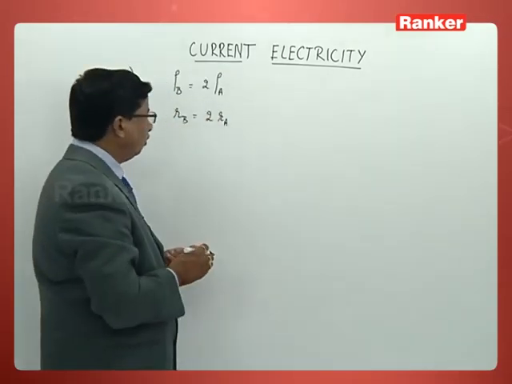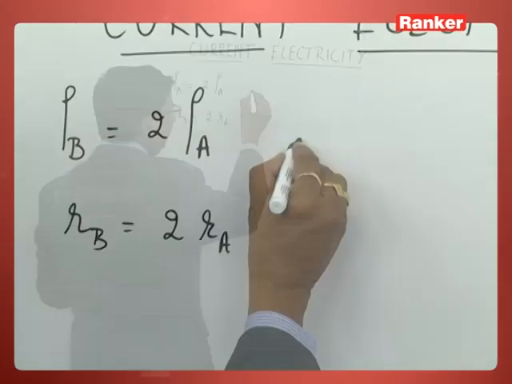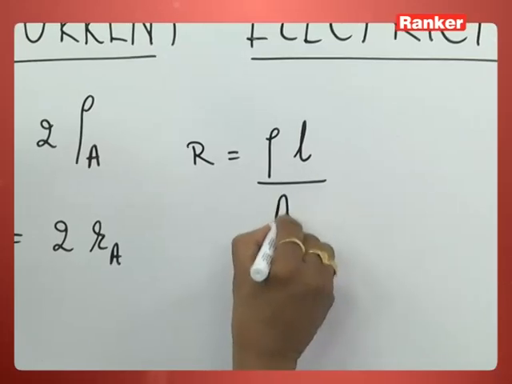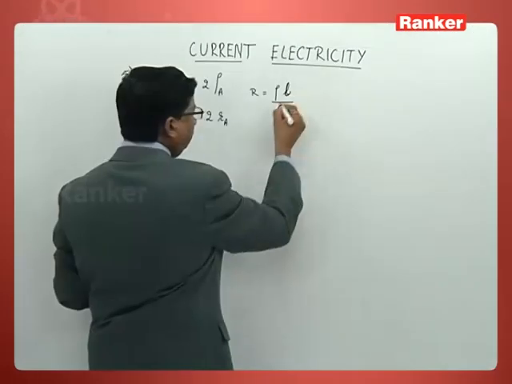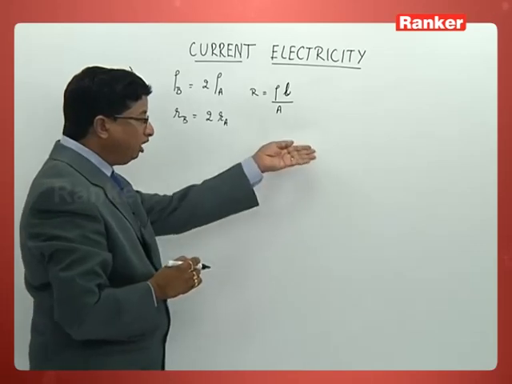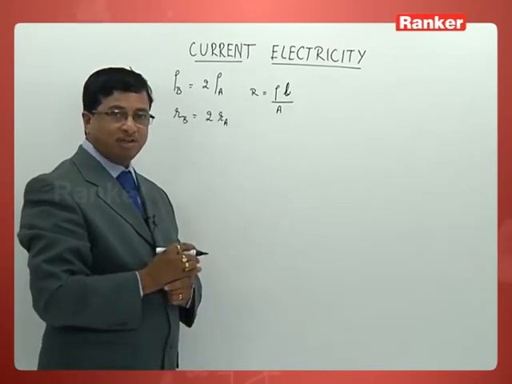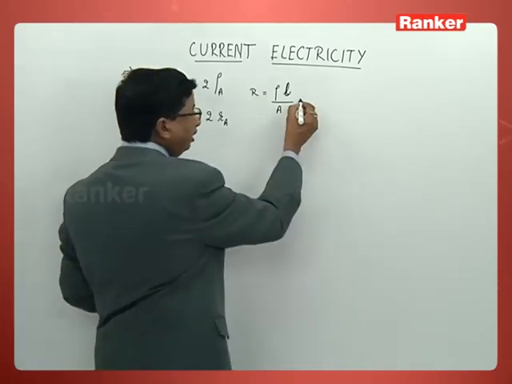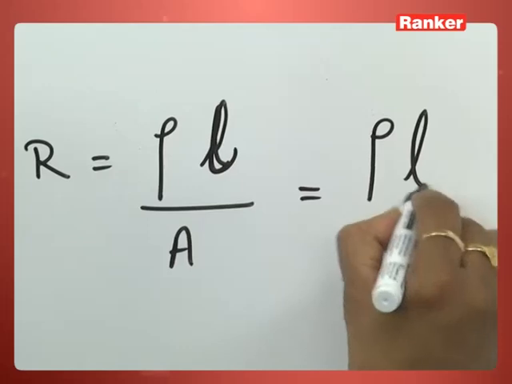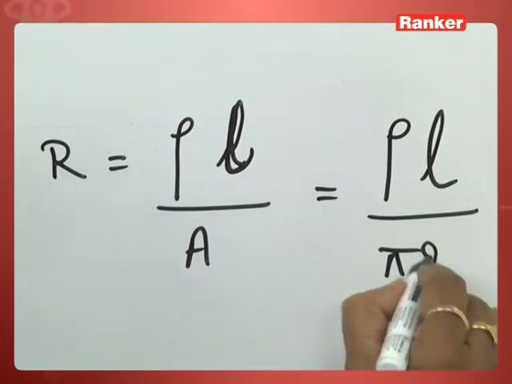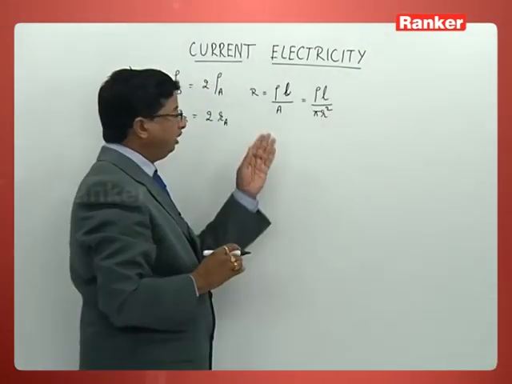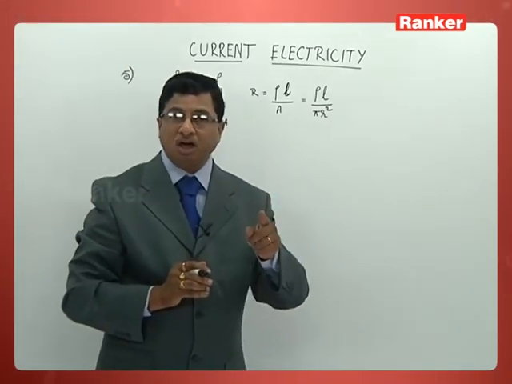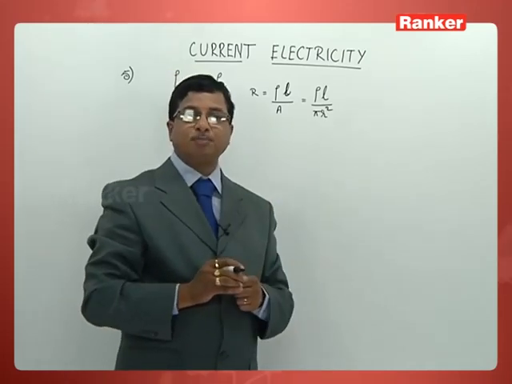In fact, you all know resistance directly is rho into L by A. We just took up the same formula in a different model question earlier. The formula is the same, rho L by A. This can be written as rho times L by pi r square, because all of you can straight away understand pi r square is the area of cross section of the conductor.